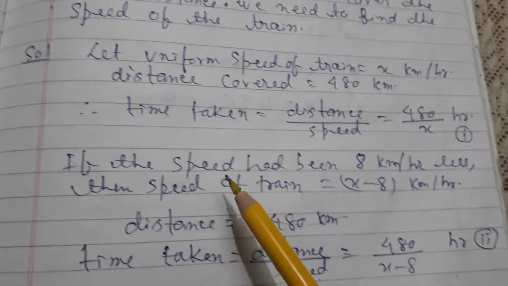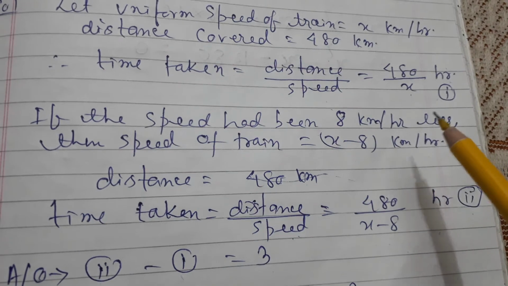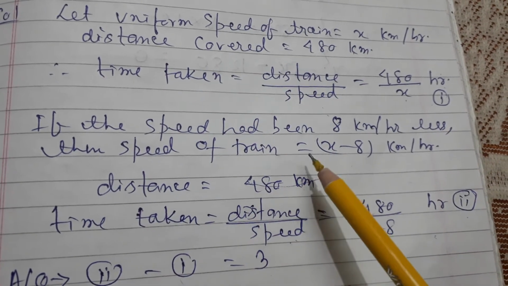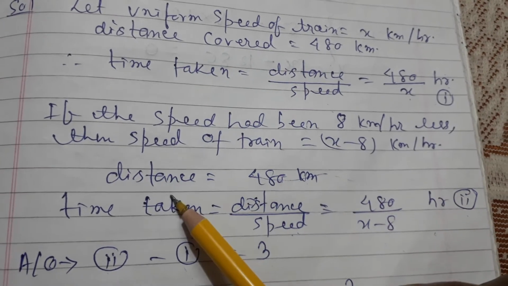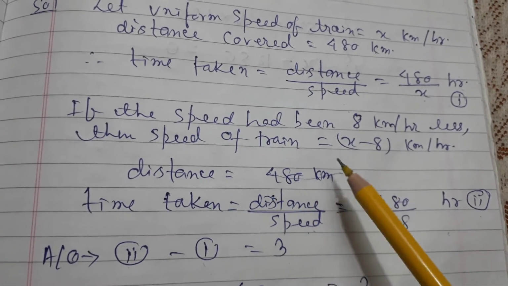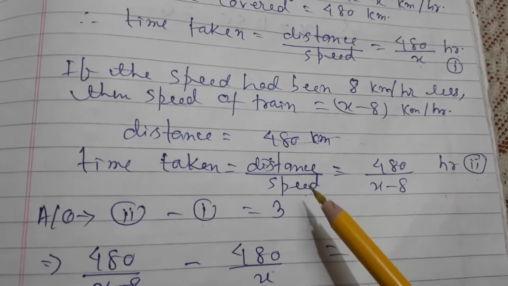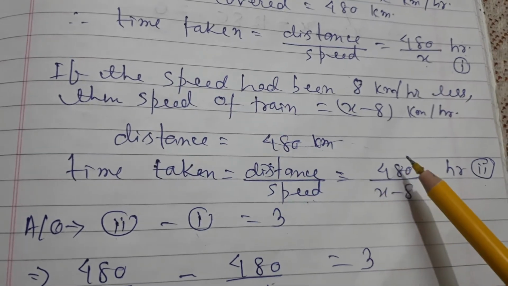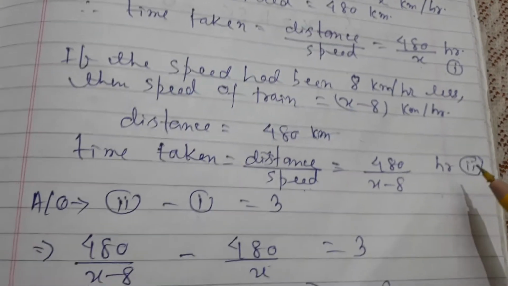And if the speed of the train had been 8 km per hour less, then the speed of the train becomes x minus 8 km per hour and distance equals 480 km because it is constant. Now time taken equals distance by speed, that is 480 by x minus 8 hour, equation number 2.